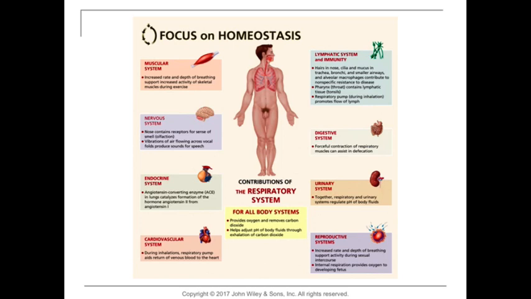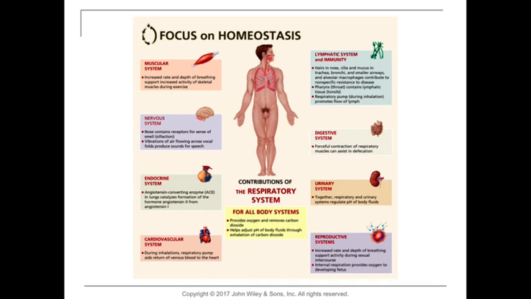Really nice illustration here. Make sure you take a look at the connection between the respiratory system and all the other systems. How is it linked to the muscular system, the neural system, endocrine, cardiovascular, lymphatic, digestive, urinary, and reproductive? This is really the holistic perspective, right?